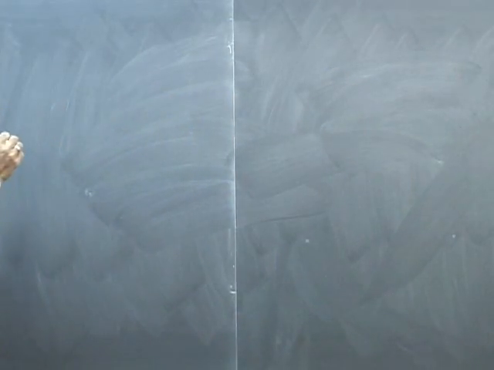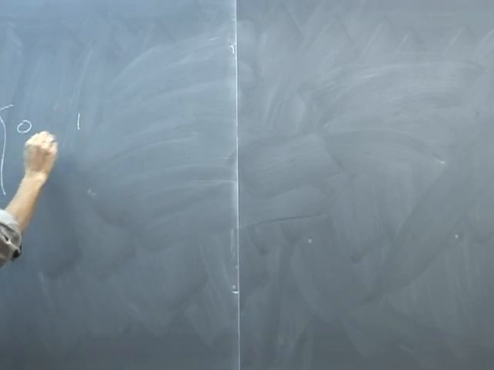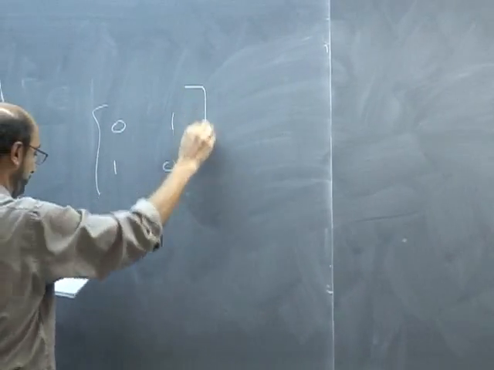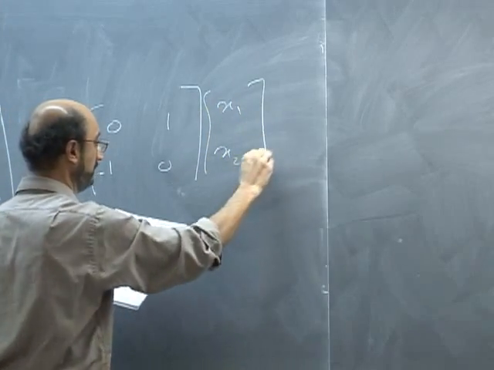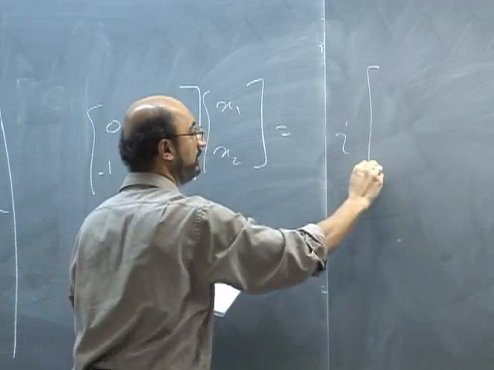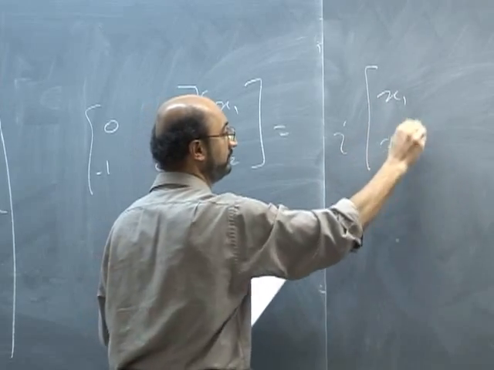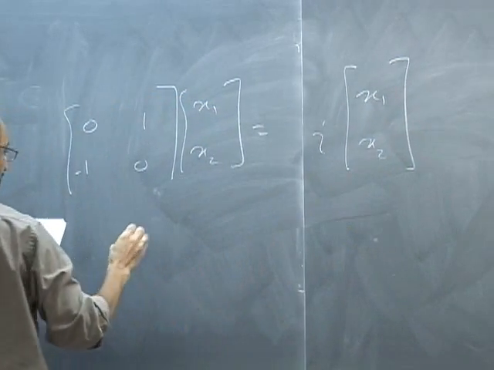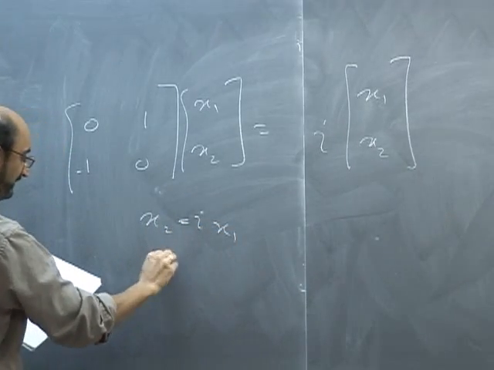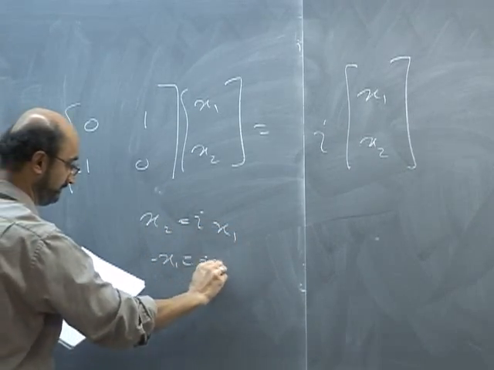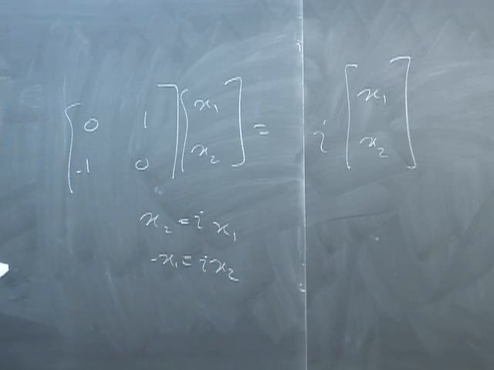So to find the eigenvectors, we say [0, 1; -1, 0] times [x1, x2] is equal to i times [x1, x2] to find the corresponding eigenvector, and we get x2 equals i x1, and minus x1 equals i x2, just by expanding this out.